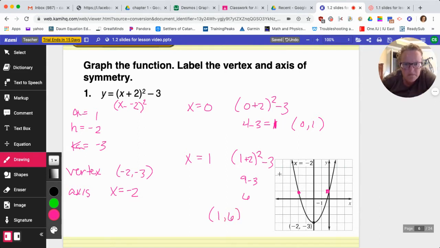And that's not right. What did I do? 1 plus 2 is 3 squared is 9 minus 3 is 6. Oh, because I'm not at the x-axis. That's hilarious.